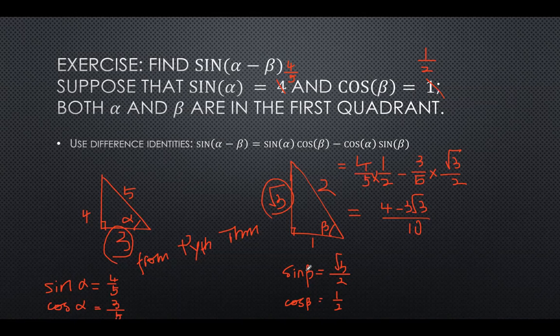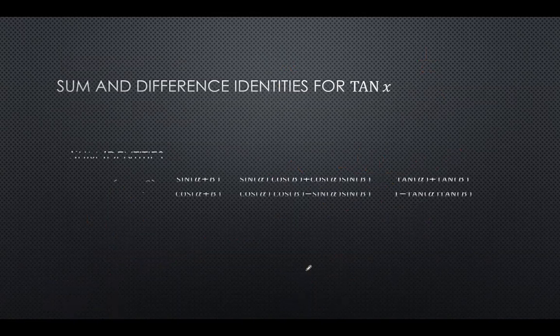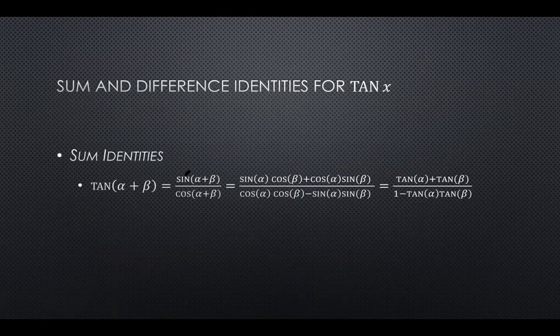Okay. Now we move on. Since we have sum and difference identities for sine and cosine, we can have them for tangent as well. Remember, tangent is basically sine over cosine. Then we use the sum and difference identities for sine and cosine and expand the terms in both the numerator and denominator.